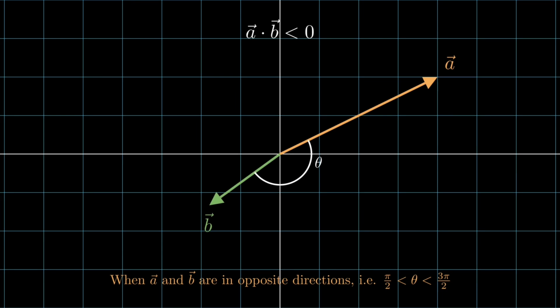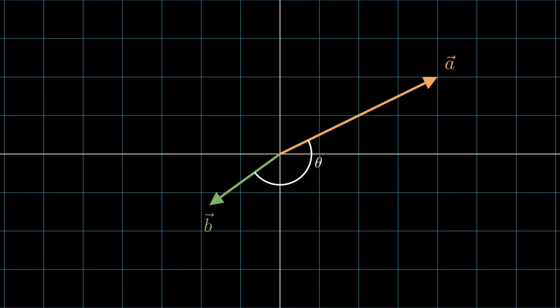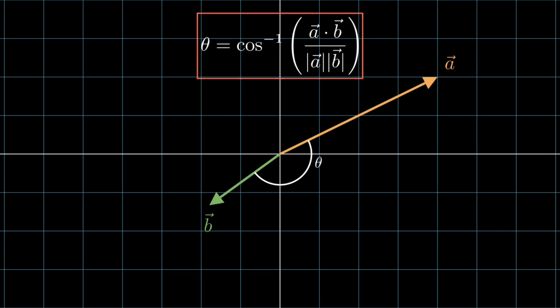And if you go beyond that, in opposite directions, the dot product becomes negative. Also, from what we have seen so far, we can arrive at a final formula to compute the angle between vectors, which can be written as theta equals cos inverse of A dot B over the product of the absolute values of A and B.